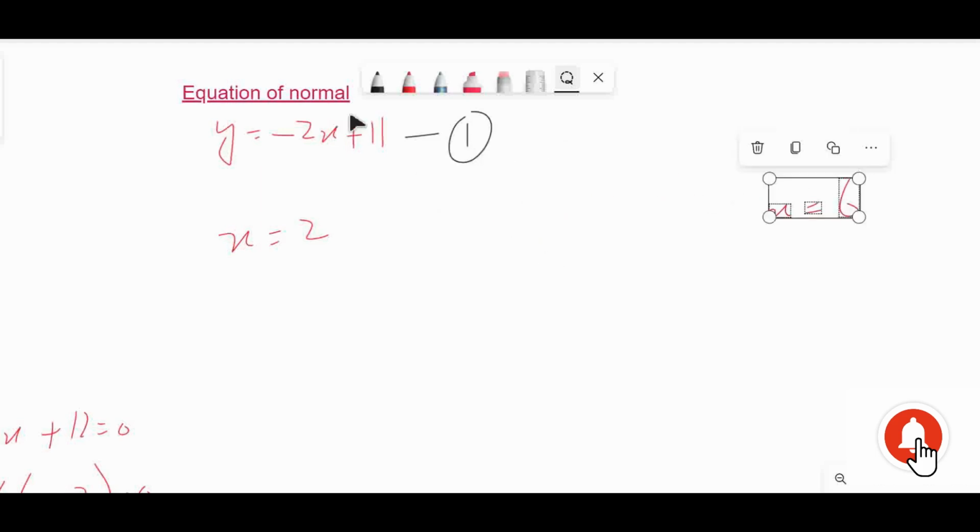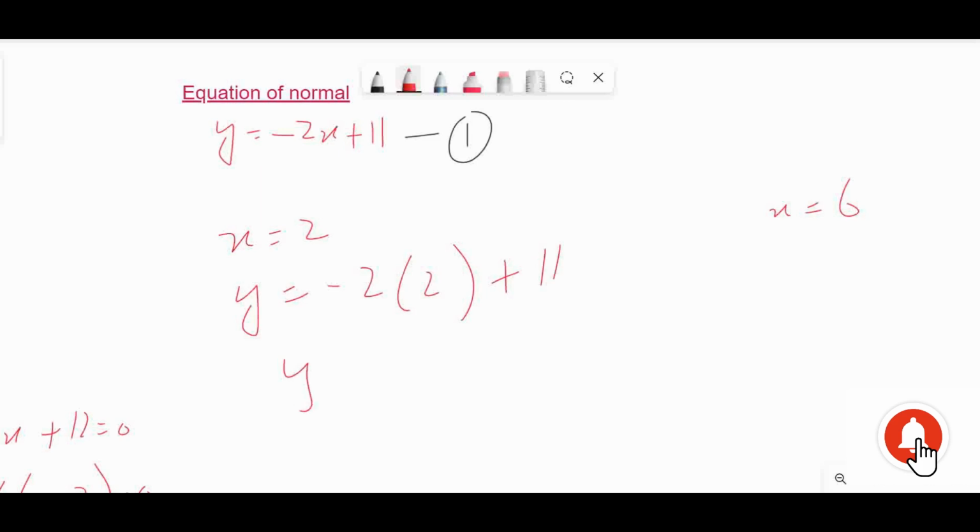So when x is equal to 2, y is equal to minus 2 into 2 plus 11. So y is equal to minus 4 plus 11, so y will be equal to 7.